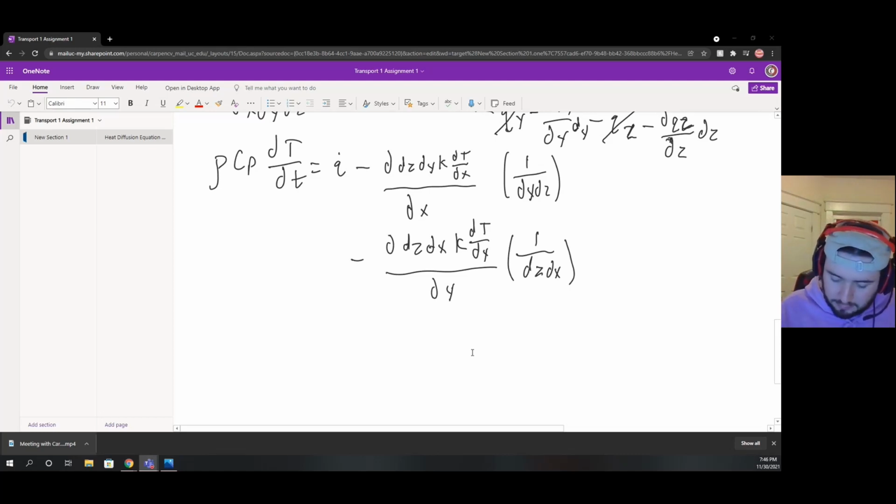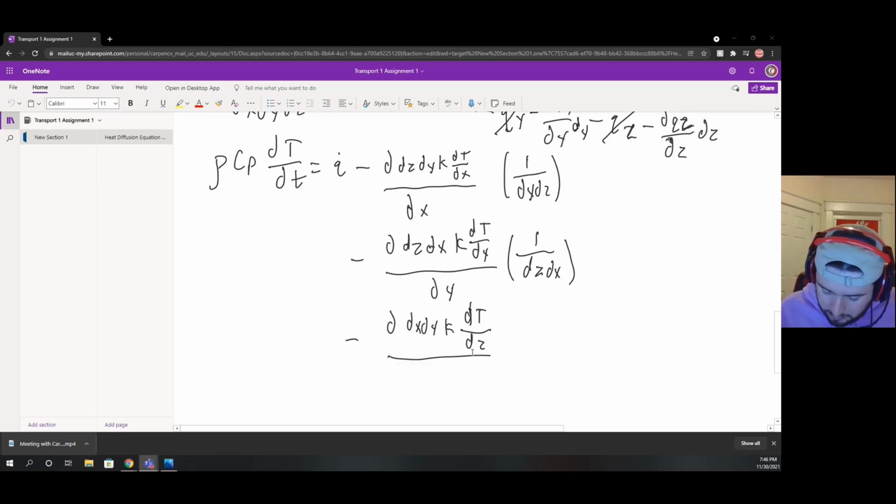And then the final term is the partial differential of dx dy times thermal conductivity times the change in temperature over the change in distance, the partial differential z, times our area.